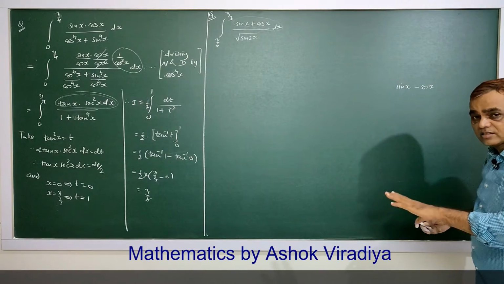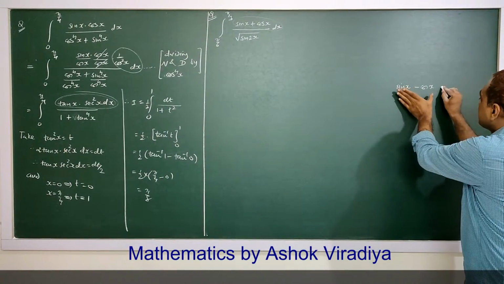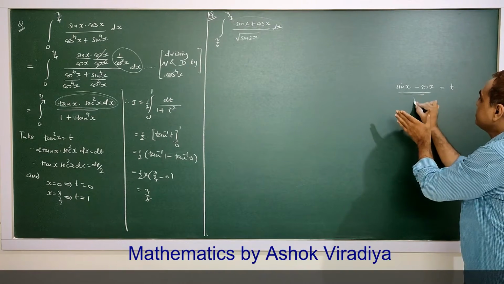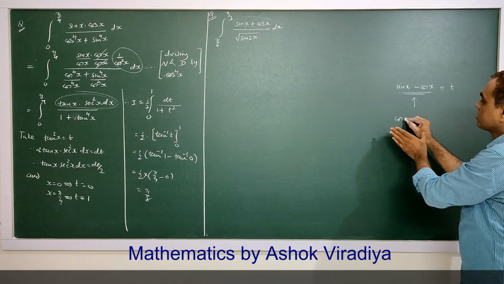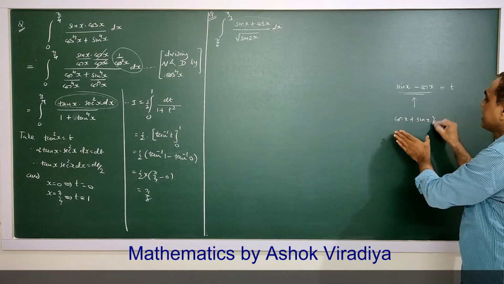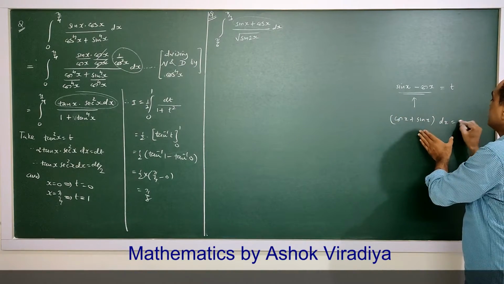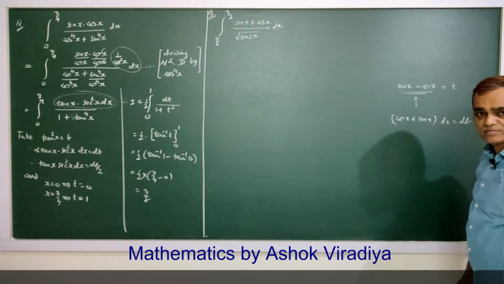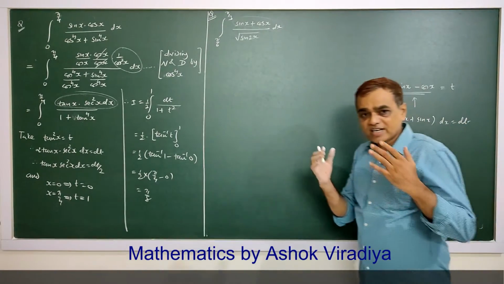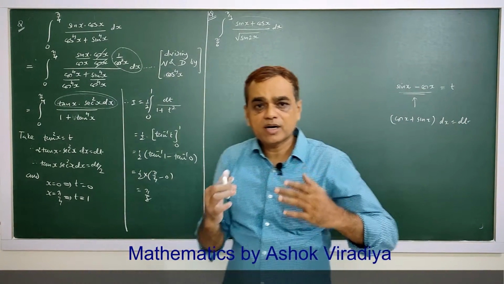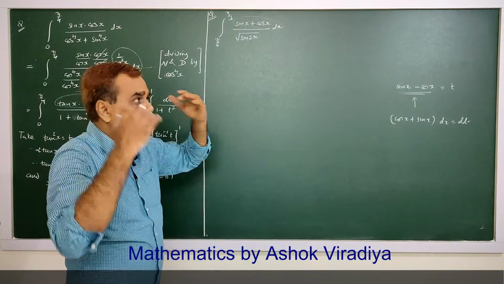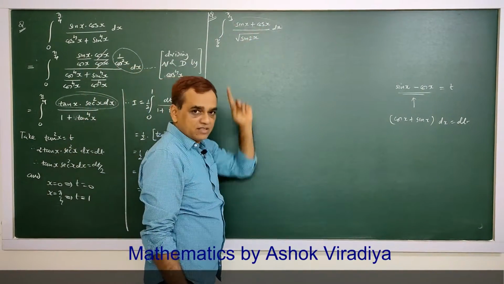That means if we take this part equal to t, then its derivative will be cos x plus sin x, dx equal to dt. So this will be removed. Here we are taking the substitution by logic: think about the antiderivative of this part.